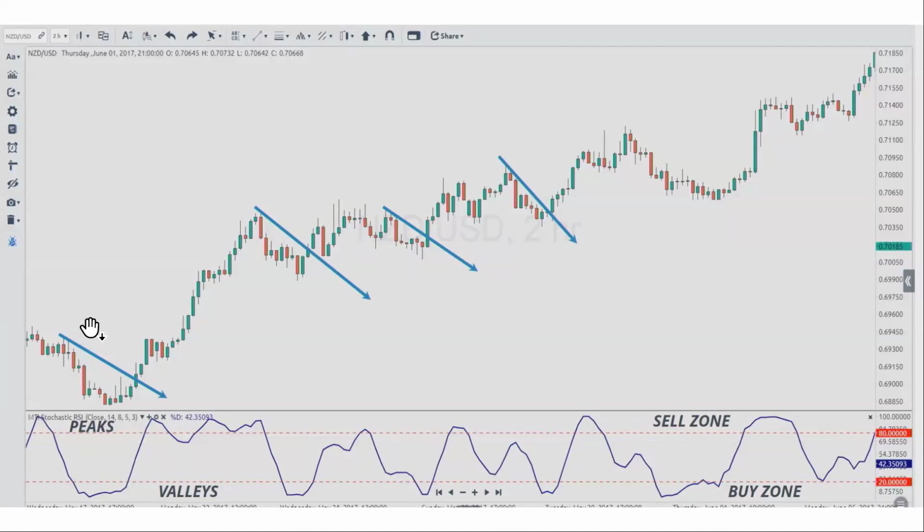So what happens here is when you draw a counter trend line like this, look at your indicator. Is it coming from the oversold region? Yes. So if you see all these counter trend lines, there's a corresponding low.